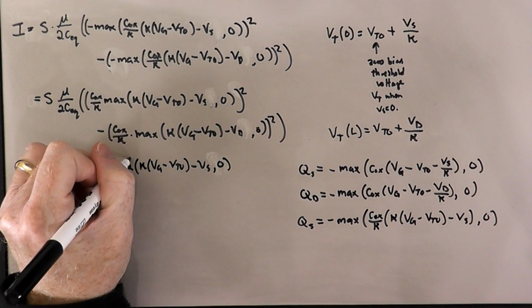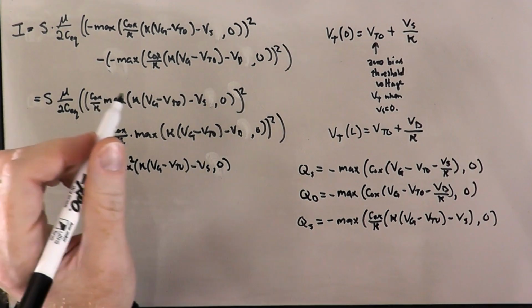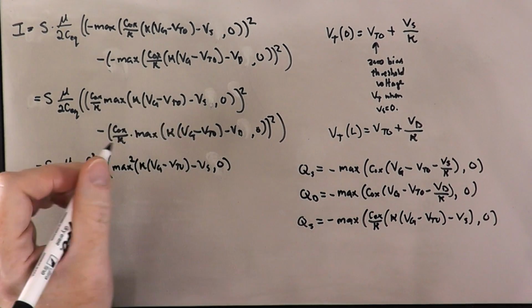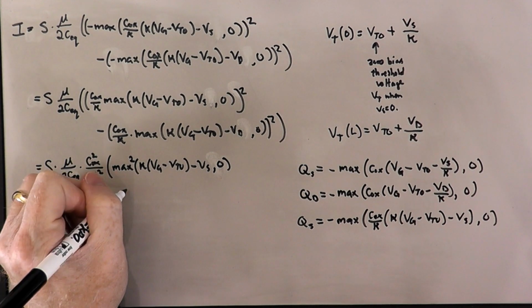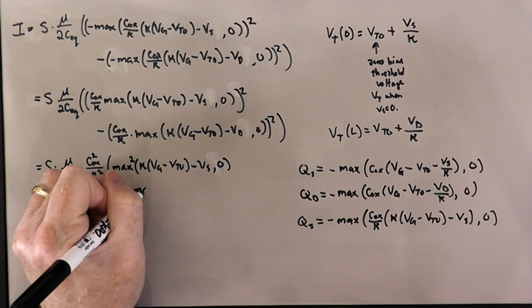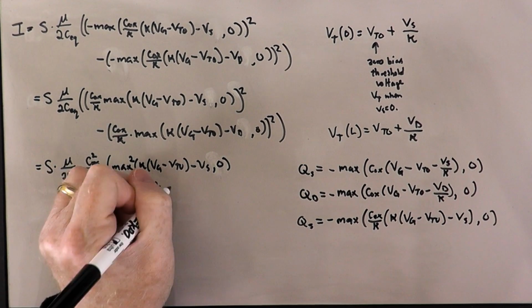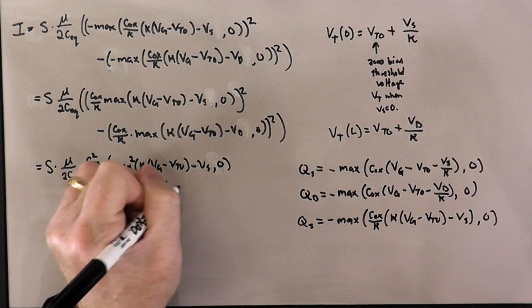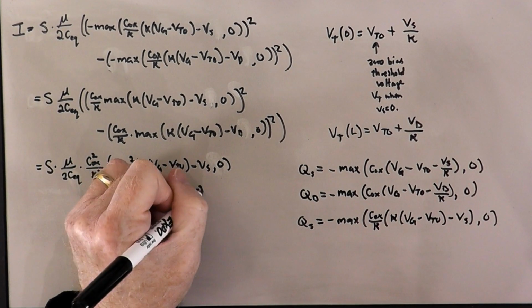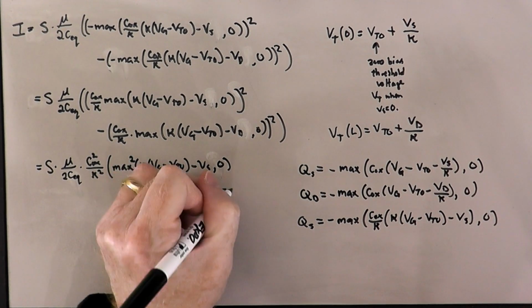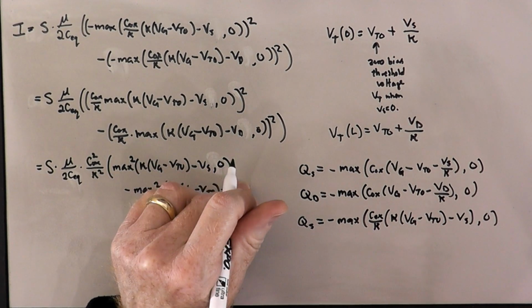And maybe I'll call this max squared, like sine squared x, max squared kappa Vg minus Vt0 minus Vs, rather Vd.